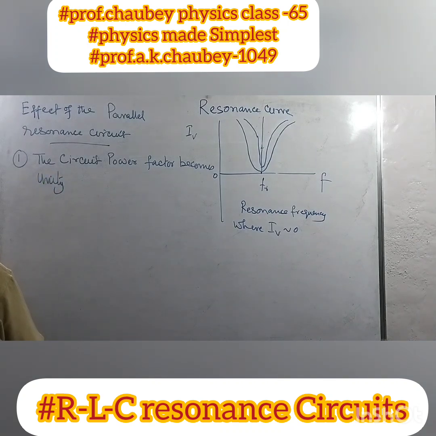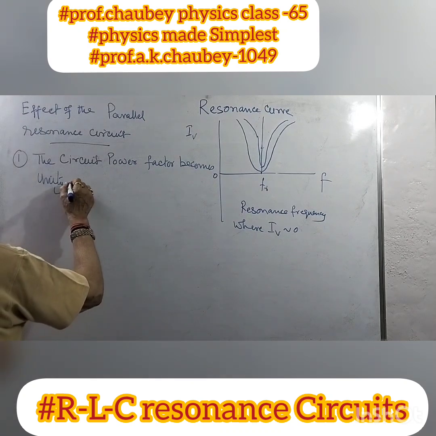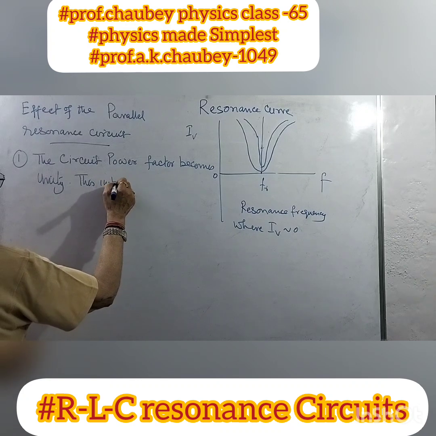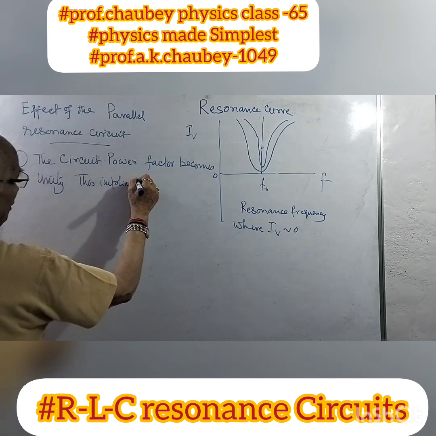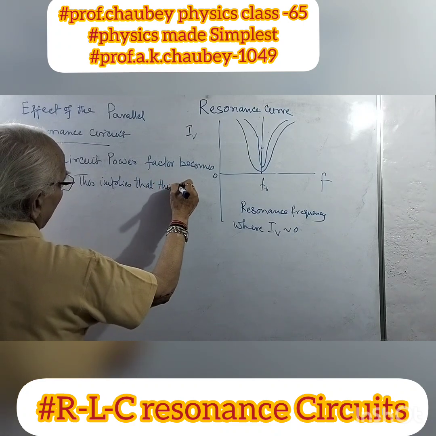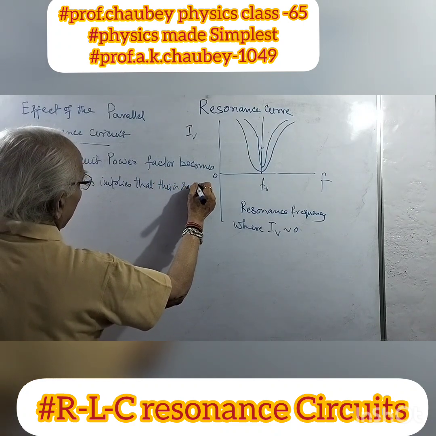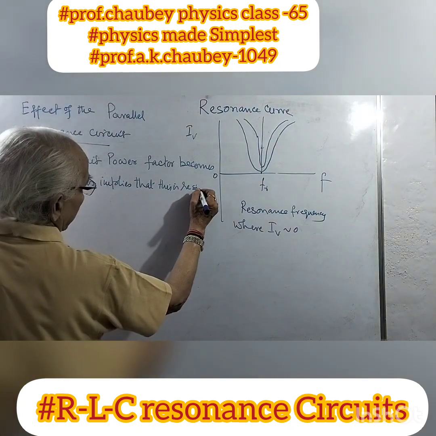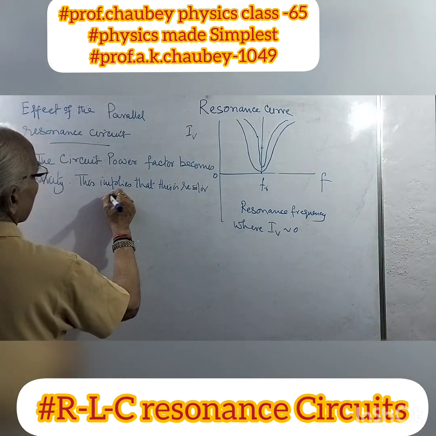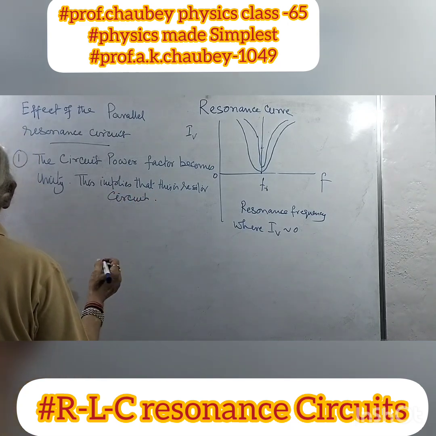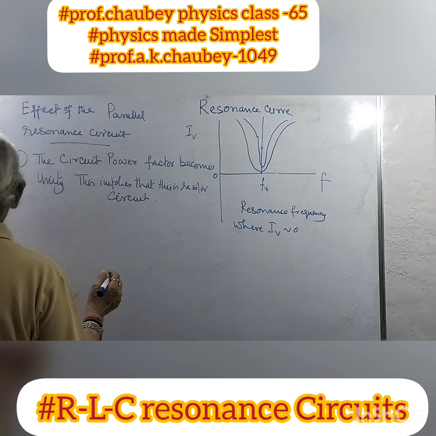This implies that the circuit is resistive. This is a resistor circuit, meaning opposing. Current becomes nearly zero. The impedance of the circuit becomes maximum.